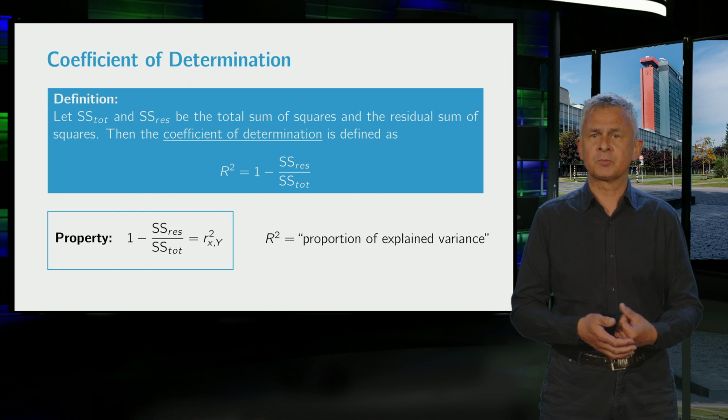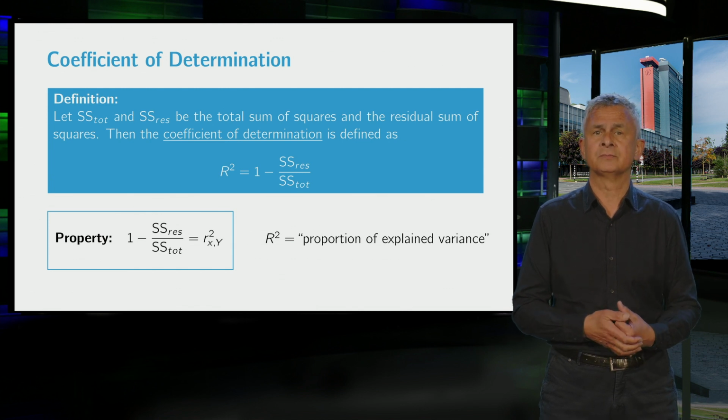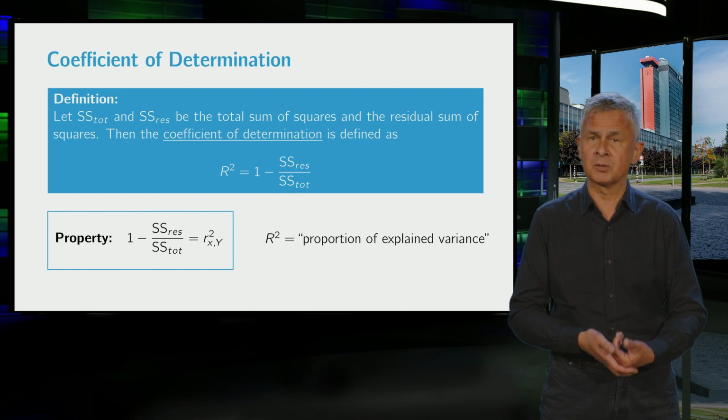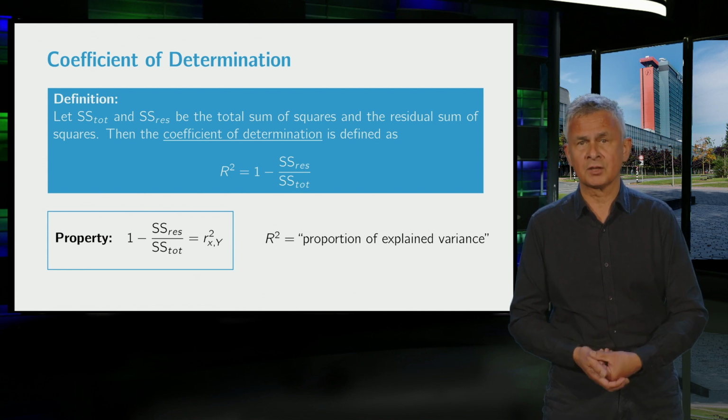It represents the proportion of variation in the y variable that is due to the linear relationship with x. And for this reason, it is referred to as the proportion of explained variance. The closer this proportion is to 1, the better is the quality of the fit.